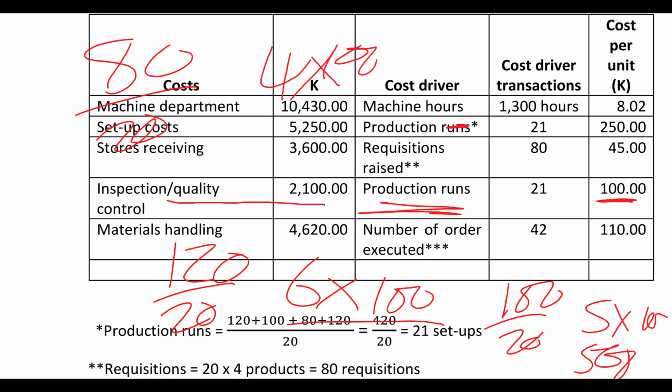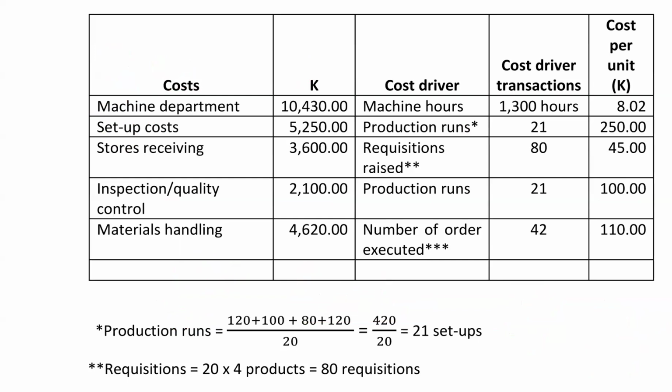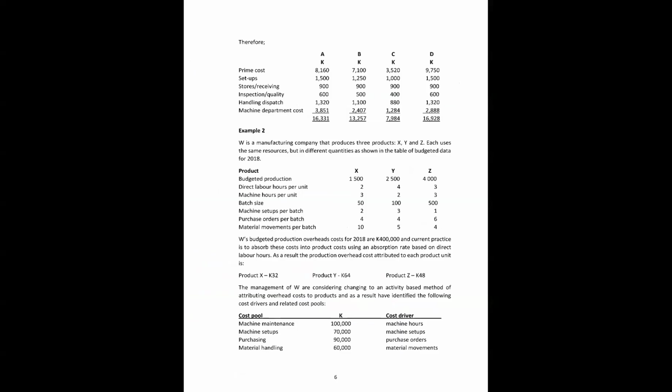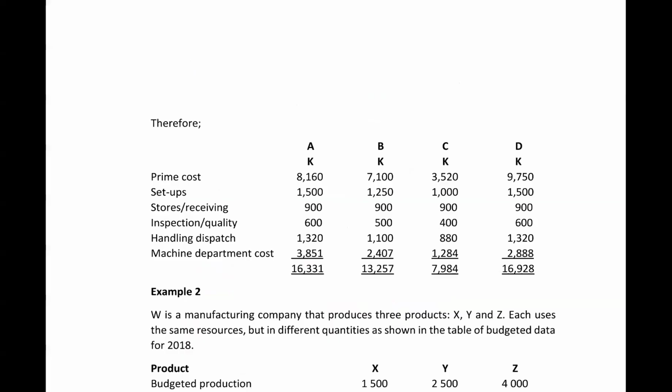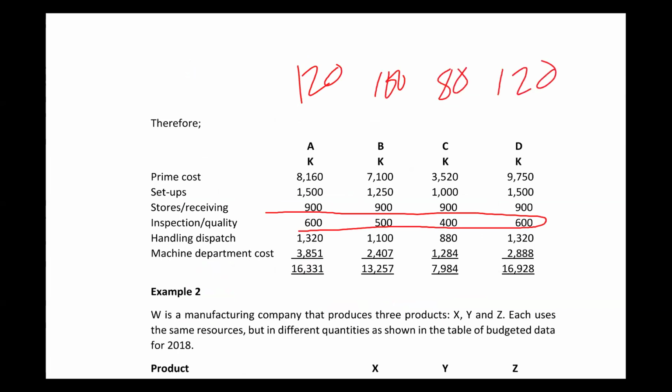That's how you find the inspection quality costs using activity-based costing. This is how this one was found. It's just basically the number of units: 120, 100, and 80. You divide by the number of runs.